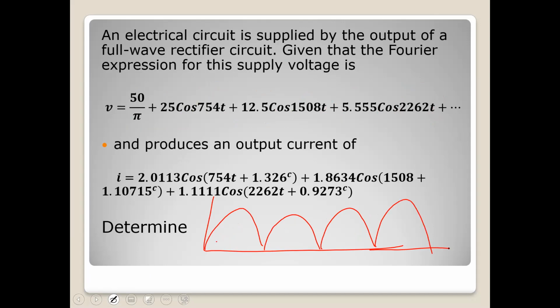When you find the Fourier series, if you go back to how we define a Fourier expression, or the coefficients, you would have A0, An, and Bn. In this instance, A0, of course, would be your DC component, and your An values would be here. So the Bn values would be equal to 0.